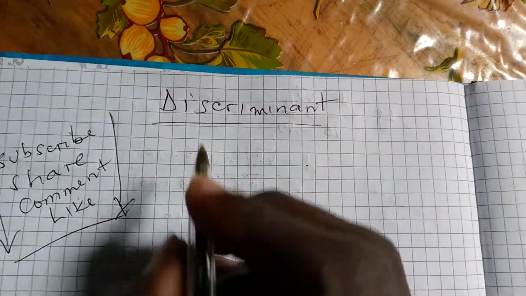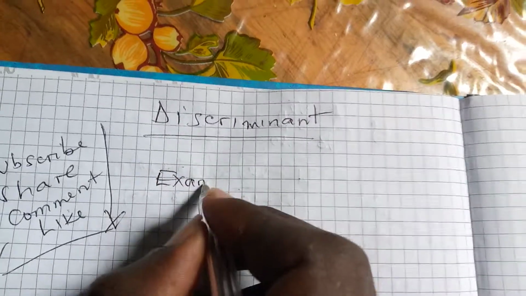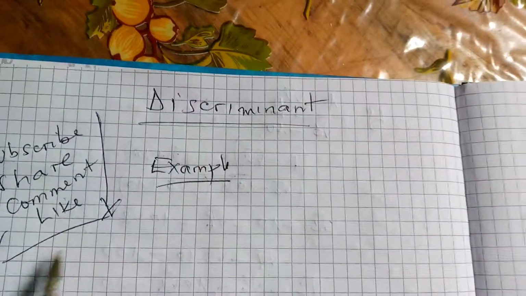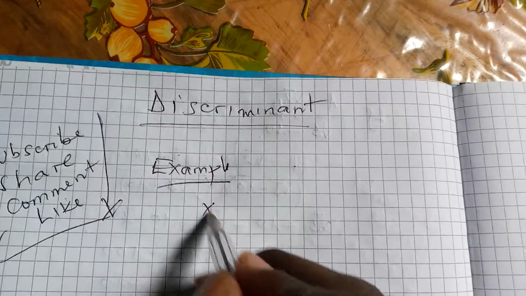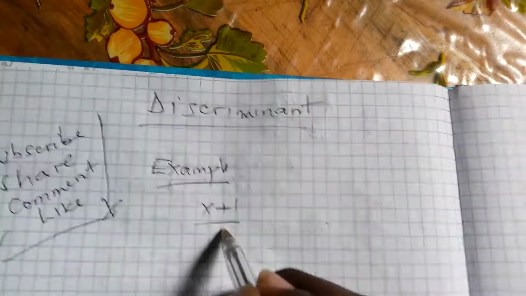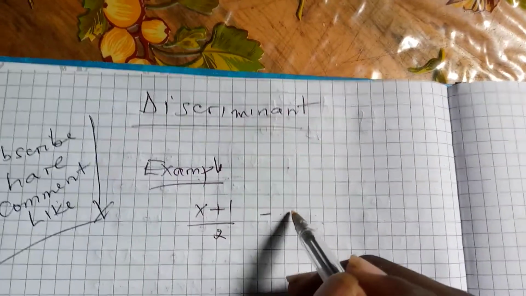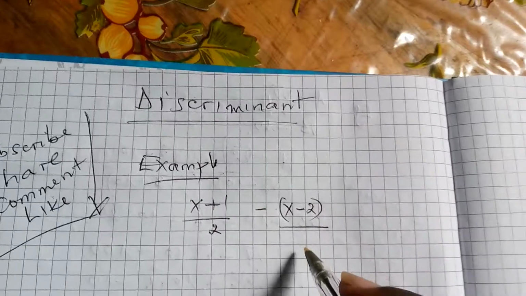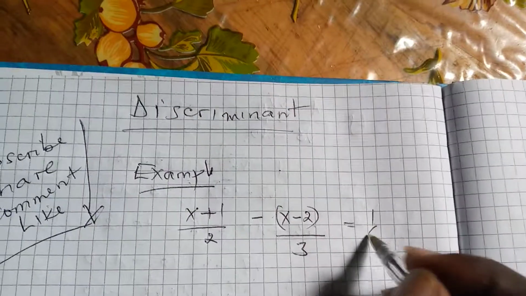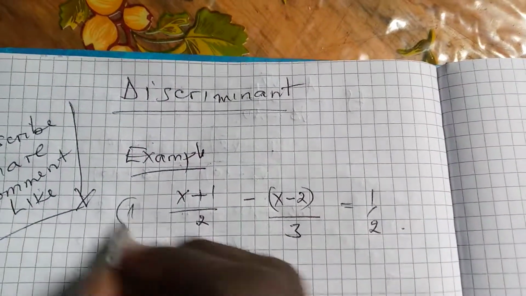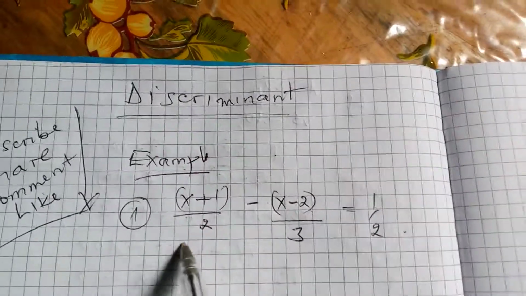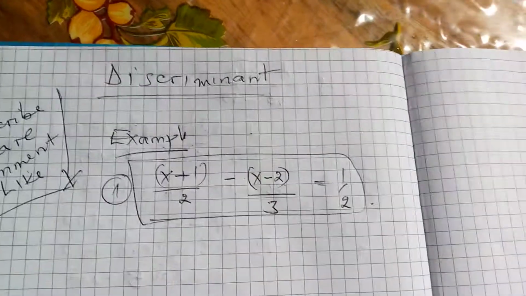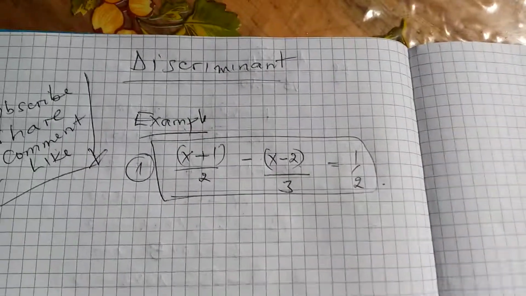For instance, we have an example for discriminant. We have x plus 1 over 2, then minus x minus 2 divided by 3, which is equal to 1 over 2. So this is one example that we have. We are going to solve and simplify this by using the discriminant and the LCM.